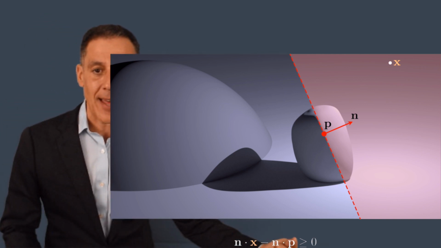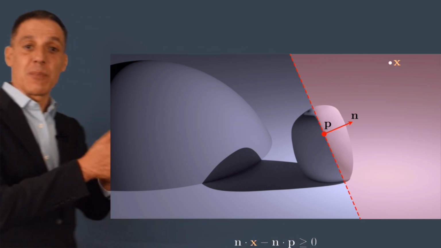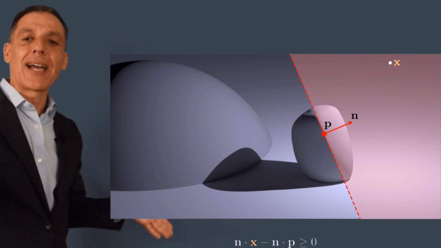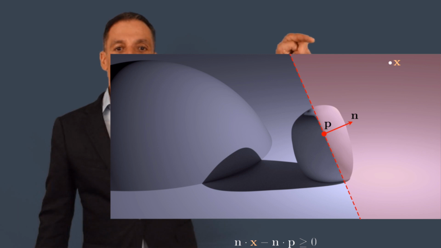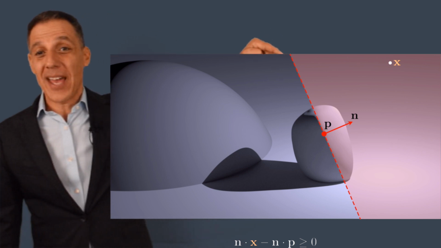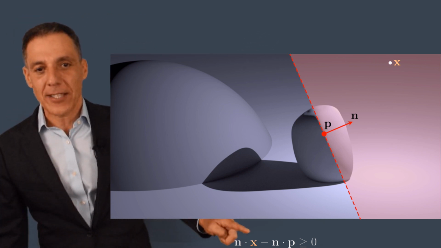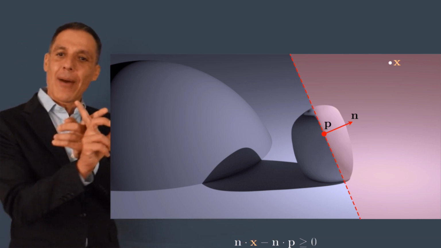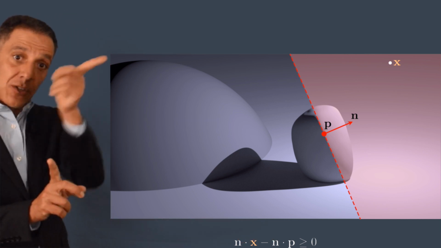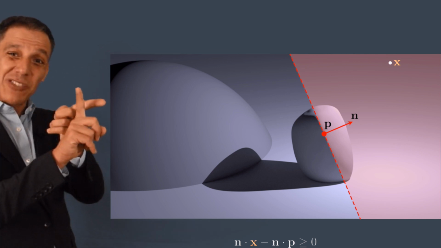And what I'm saying is that value must be greater than or equal to 0, which means that the angle between them must be between minus 90 and 90. That's all I'm saying. That n·p term is just because that vector n isn't at the origin. So when I subtract n·p, I'm just sticking that thing at the origin, and now I can compute the dot product between the direction of my plane and the direction of my light source.